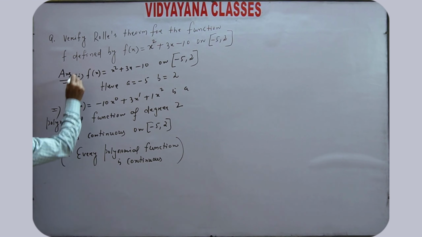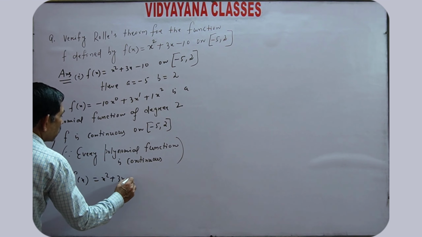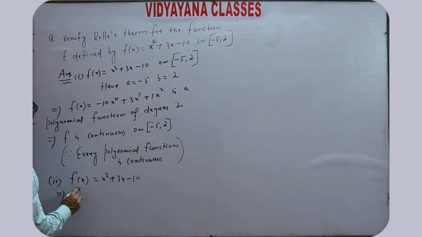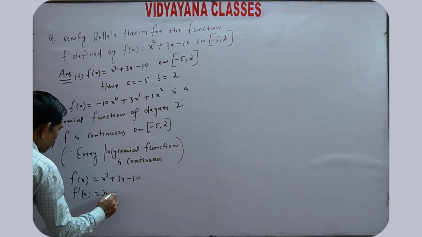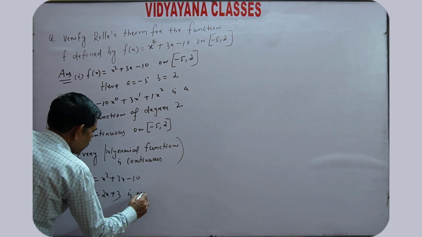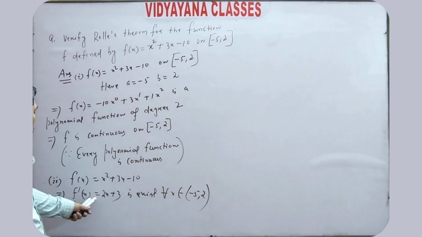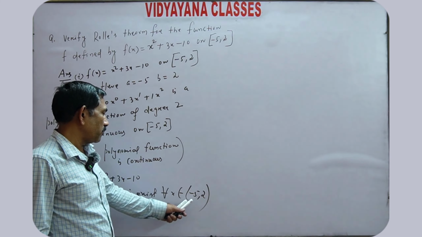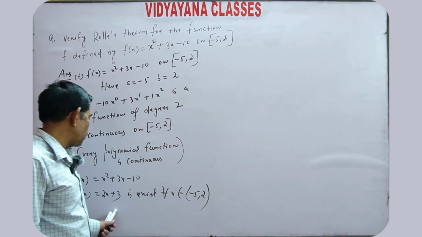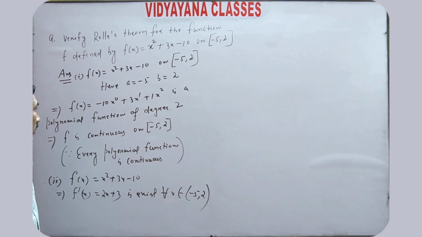Second condition, f(x) is equal to x square plus 3x minus 10. F dash x is equal to 2x plus 3 exists for all x belongs to the open interval minus 5 to 2. This is true. Clear? So the second condition is satisfied.